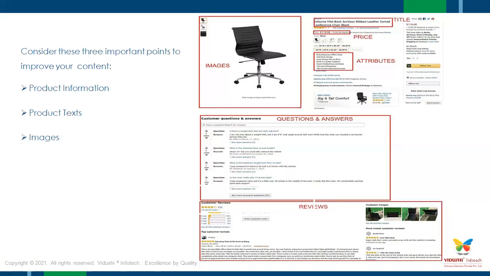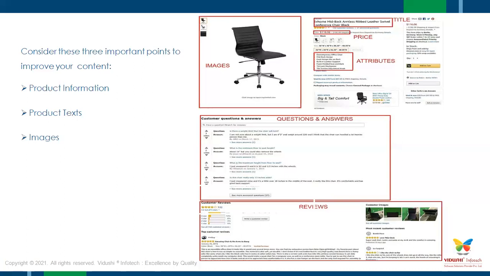Nowadays reviews are the most important factor if we consider the trustworthiness of any product. The higher the ranking, the higher the reviews, the more popular the product is, we can say.